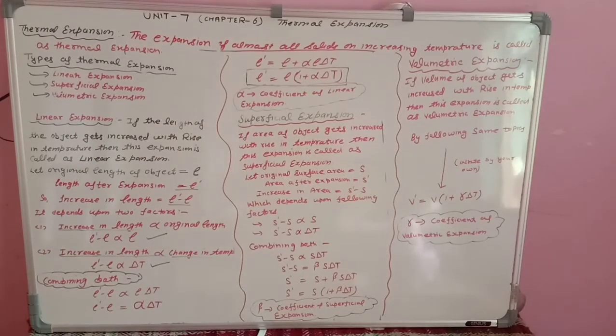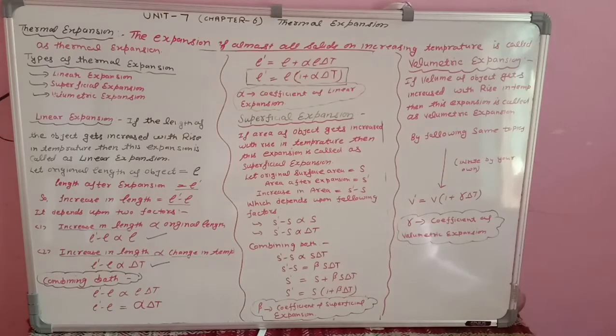Okay, so now next is our superficial expansion. Students, what I told you, what we call alpha. Alpha is known as coefficient of linear expansion. It is very important because whenever we will find relation between alpha, beta and gamma, we will use these relations.